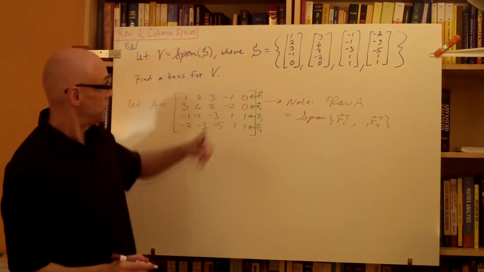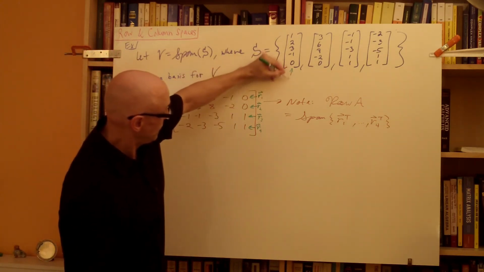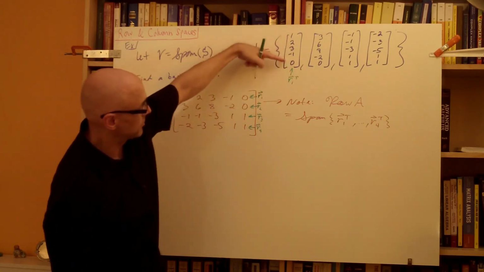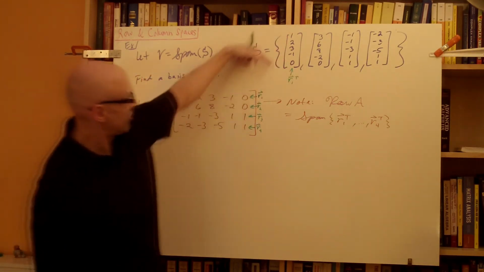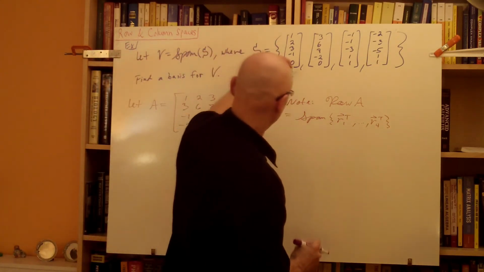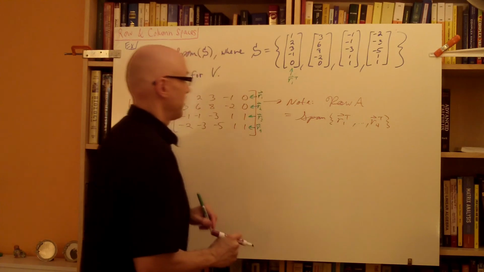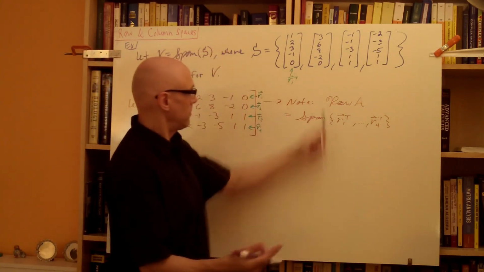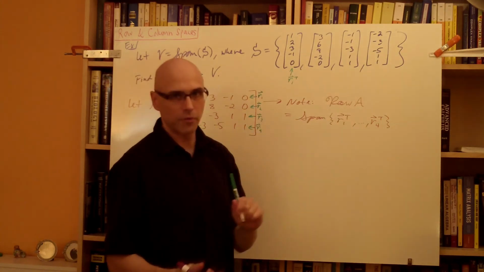R1 is this, and R1 transpose is that; it's standing up straight. So R2 transpose, R3 transpose, R4 transpose.